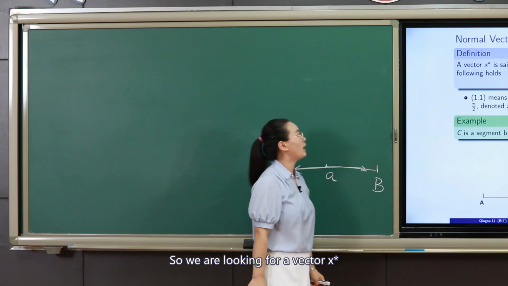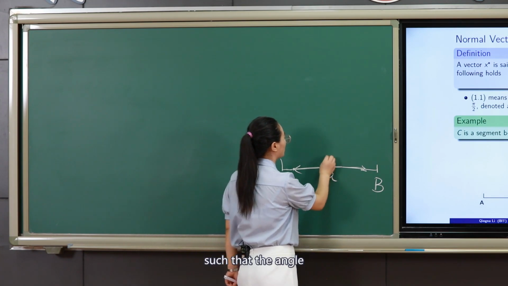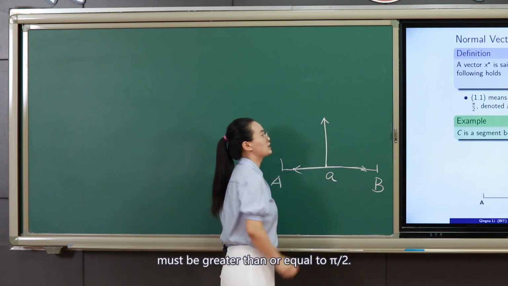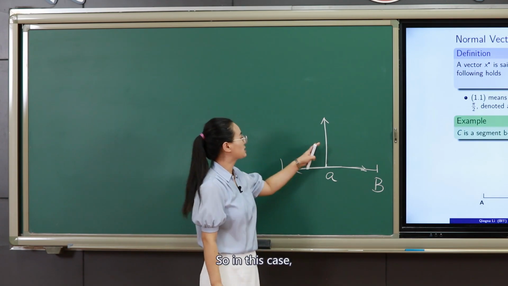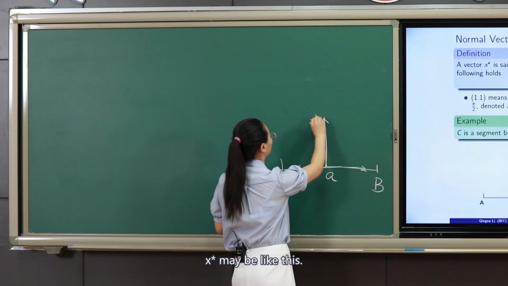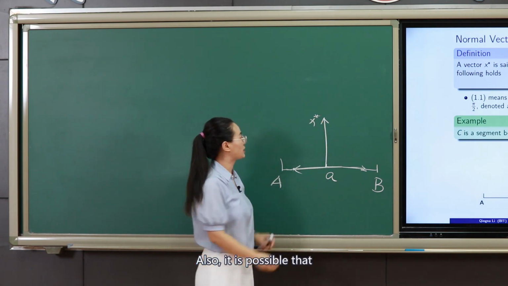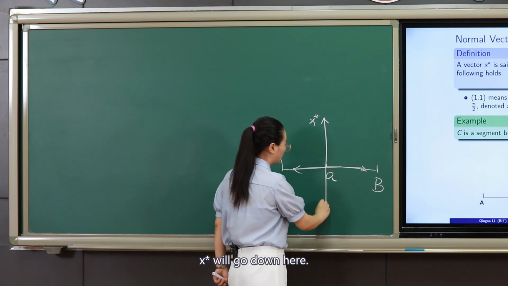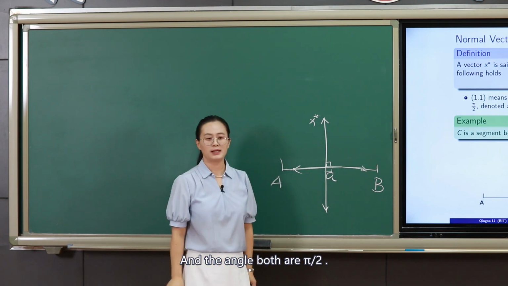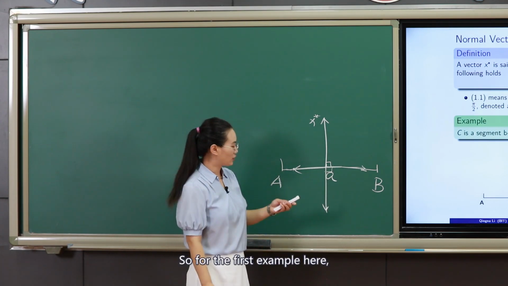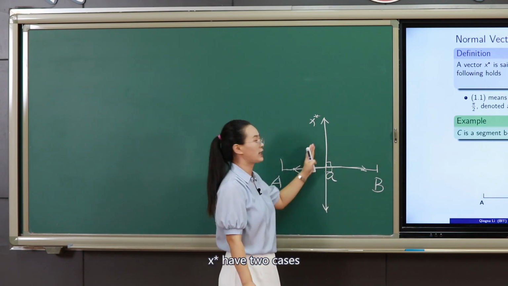So we are looking for a vector x star such that the angle must be greater than or equal to half pi. In this case, x star may be like this. Also, it is possible that x star will go down here and the angle is also half pi. So for the first example here, x star has two cases.